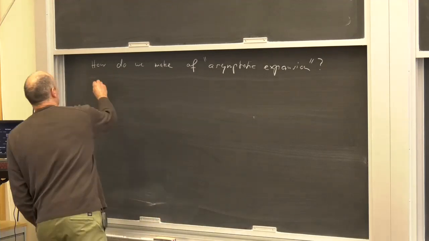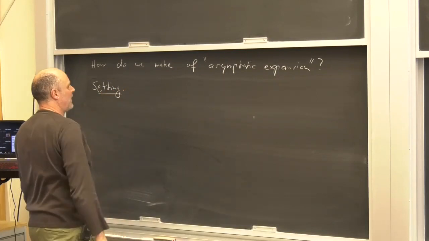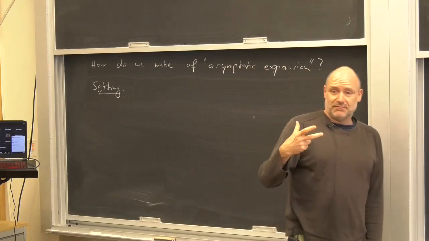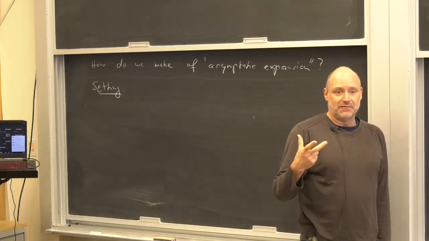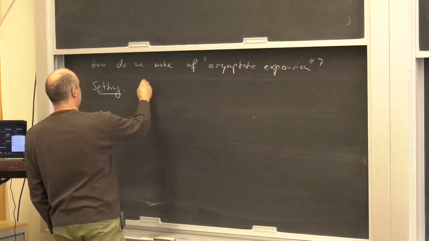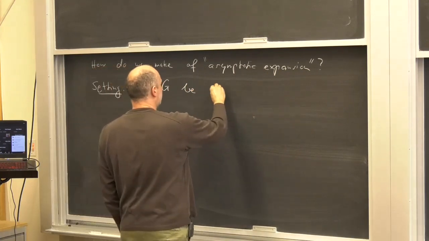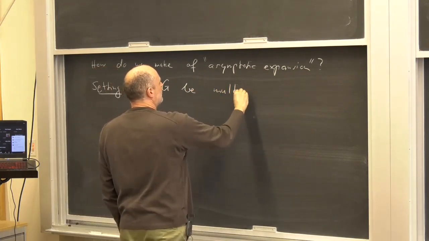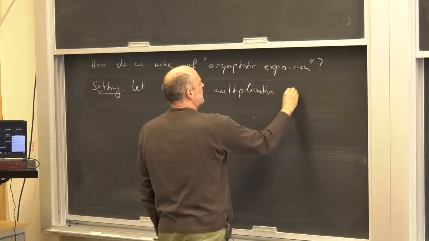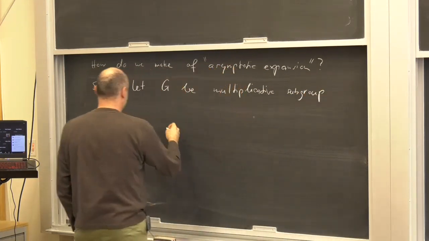So here's the setting, right, where we can do this. I'm still going to work with monomials that are themselves functions or germs of functions. So let G be a multiplicative group. Think of this as the monomials for my series. And it's a subgroup of a Hardy field.